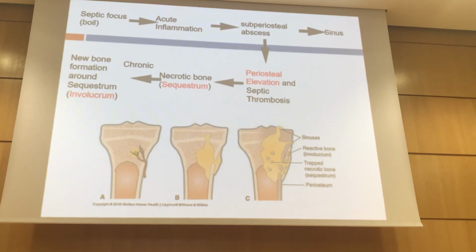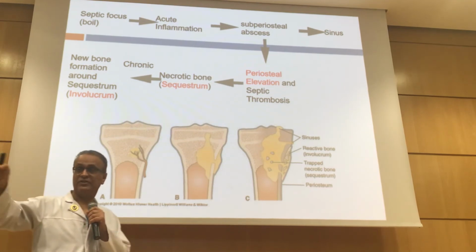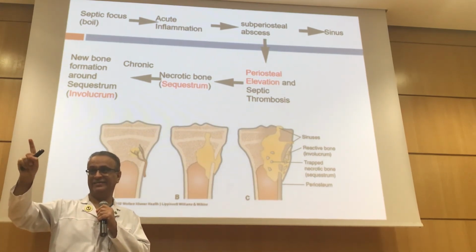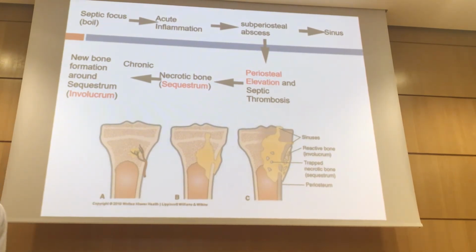But there are infectious conditions in Saudi Arabia that can sometimes lead to osteomyelitis: TB, excellent, and brucellosis. Do you know what brucellosis is? It can lead to osteomyelitis, and TB can lead to chronic osteomyelitis.